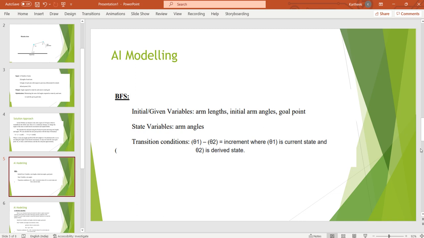Since it is a continuous domain, we will be moving the angles in terms of small increments, let's say delta theta, and for a particular state, if there are 3 angles theta 1, theta 2 and theta 3, then we will be adding and subtracting delta theta on all these angles, so we'll get a total of 6 possible child states. And if we go on expanding the whole domain with these child states, we will reach the optimal solution first.